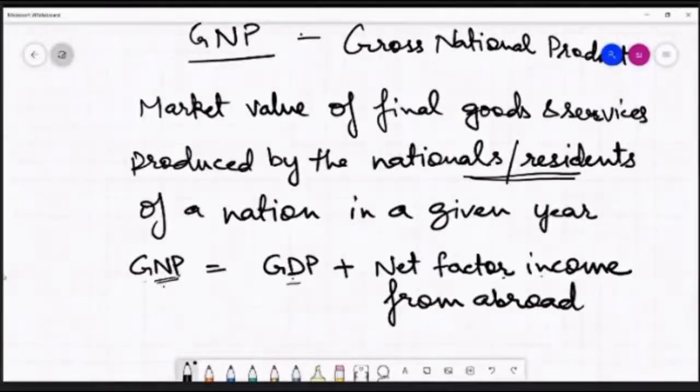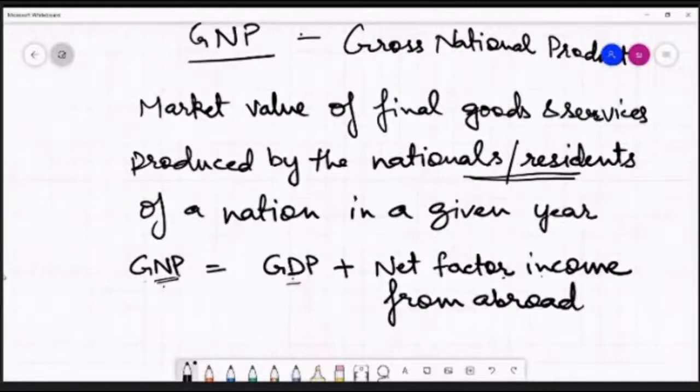So like in case of India, our GDP is greater. Why is it greater? Because the total output taking place within the country is much larger as compared to the income which is flowing in.